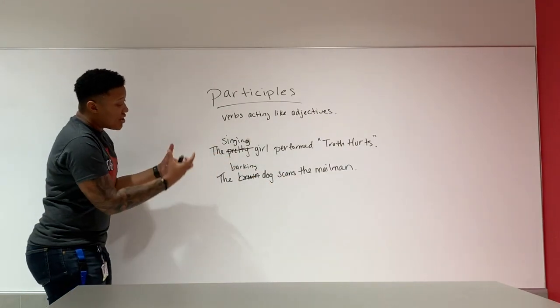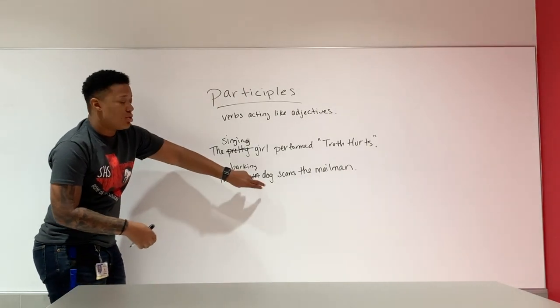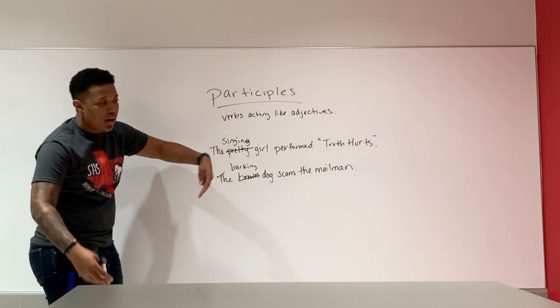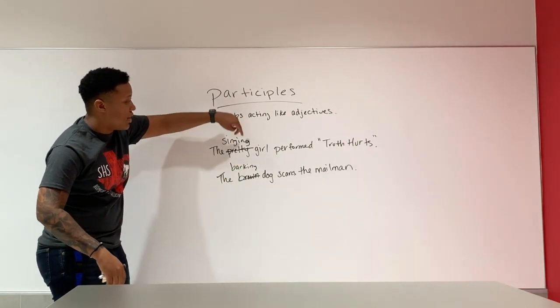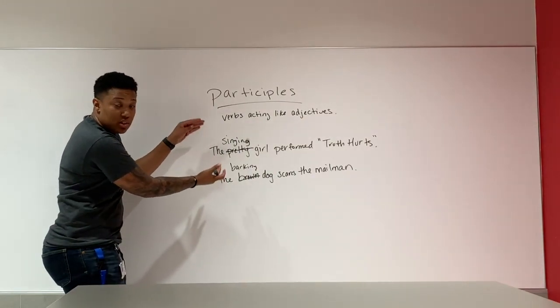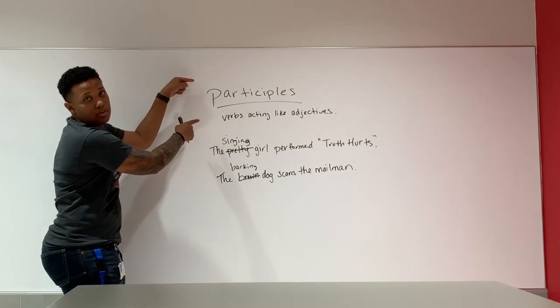So the action that this dog is doing, roof roof barking, is going to be what describes the dog and what sets him apart. The action that this girl is doing, I don't do that well, but singing describes her. So these words that were originally verbs are now becoming adjectives, and in that case, they're called participles.